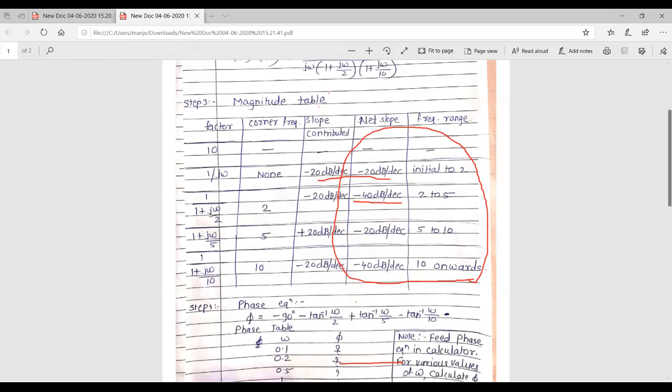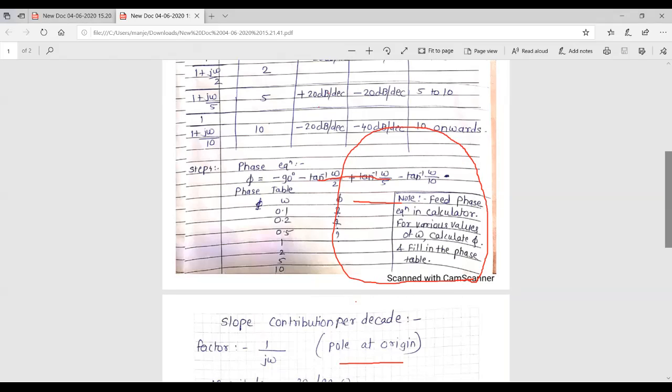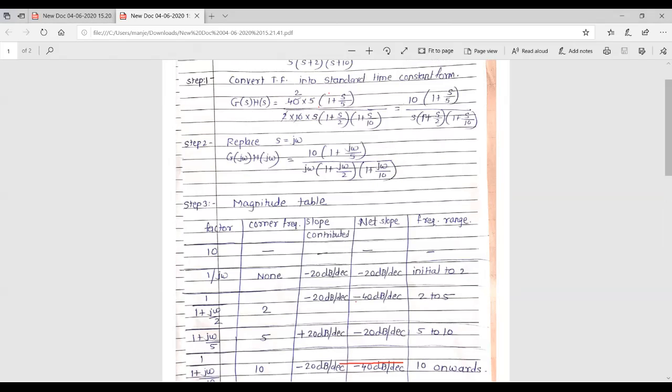Okay. Now we'll move on to the phase equation part. We can write the phase equation for the transfer function, including all the factors. For that, we need to have this transfer function again.